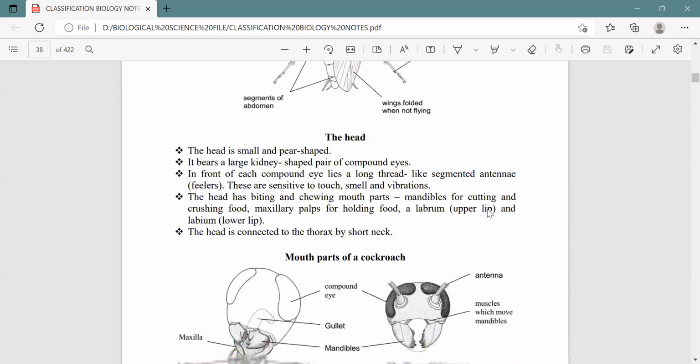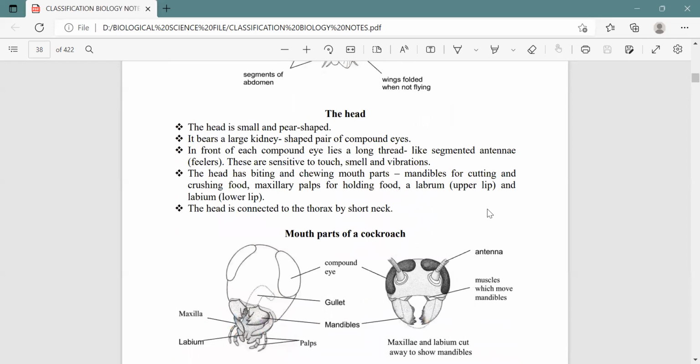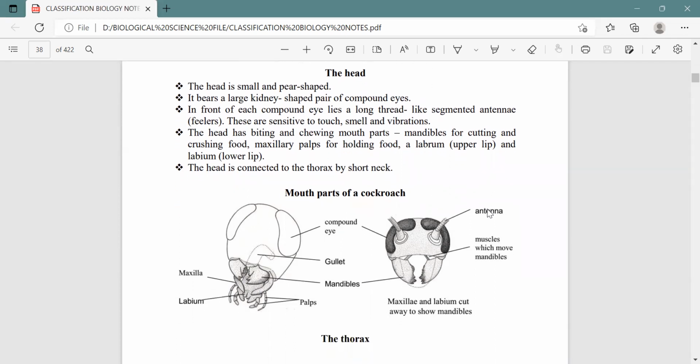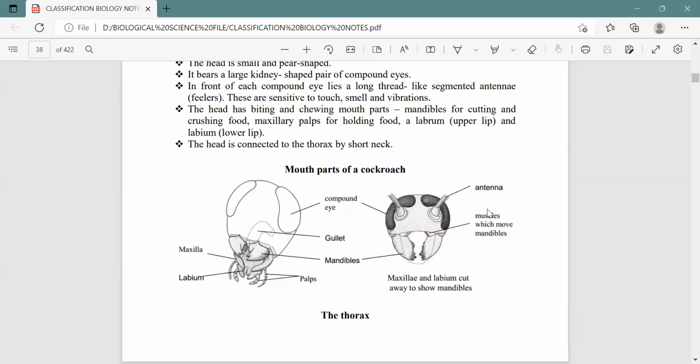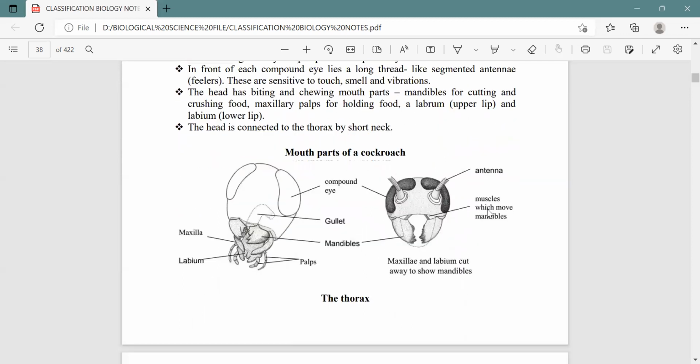The head is talked about, and it is that head that bears the mouth parts of the cockroach. It is the same head that bears the compound eyes, and the same head bears the antennae, like you can see them there. It is important for you to learn about those structures found on the head.